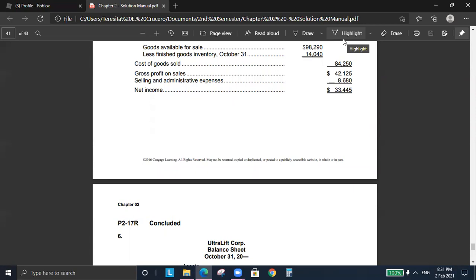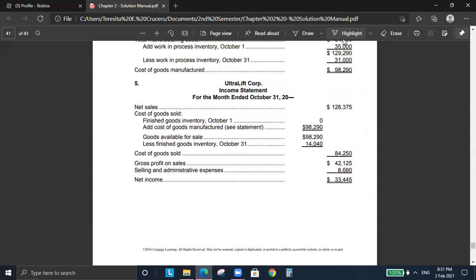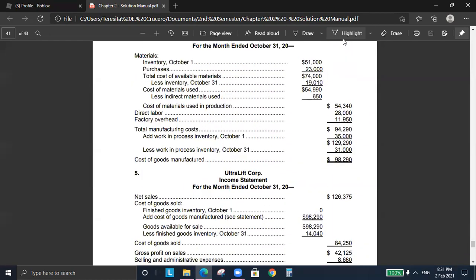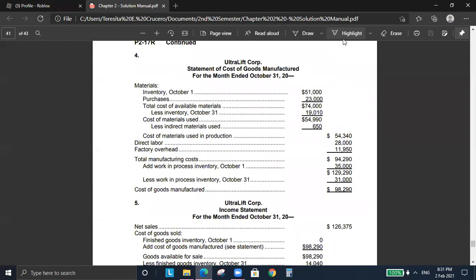Now we go to requirement number 4. Requirement number 4 is a statement of cost of goods manufactured.